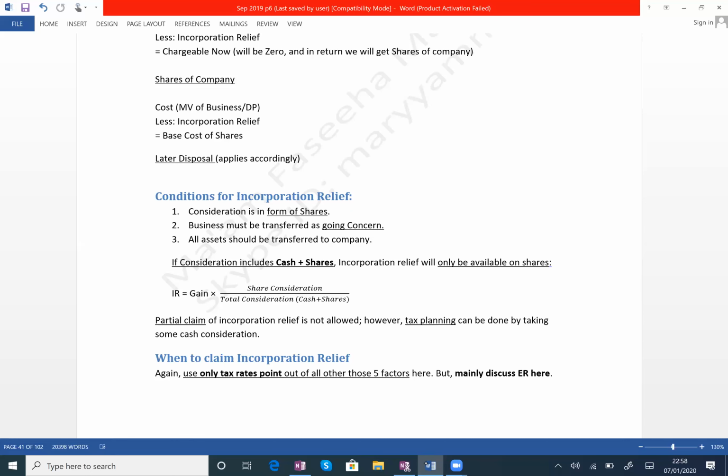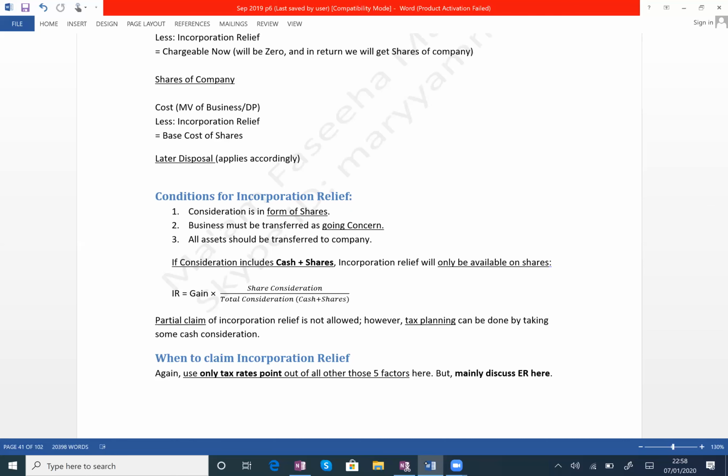Then goodwill 25, cost 0, gain 25. Other net assets of the business: market value 15,000, cost 15, gain 0. Next line, total market value of the business is 1,40,000. The whole consideration is in the form of shares and the requirement is to compute the gain.